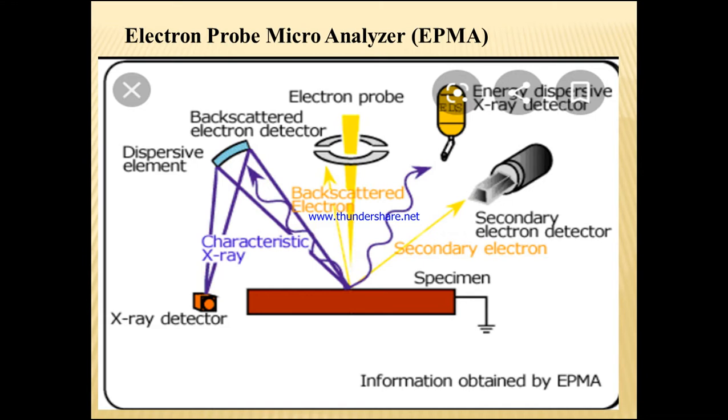The electron probe microanalyzer uses a micro beam instrument for the analysis of the local composition of solid samples, used primarily for non-destructive chemical analysis of minute solid samples.